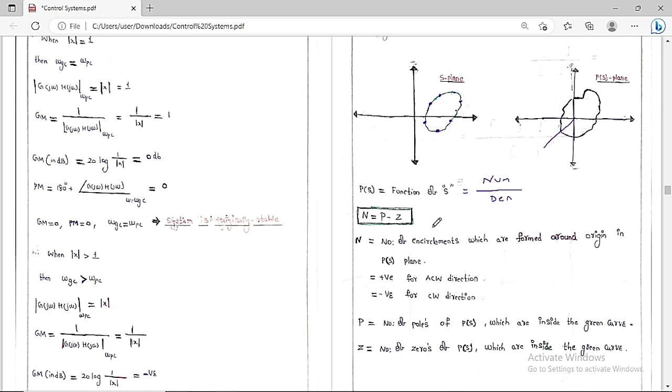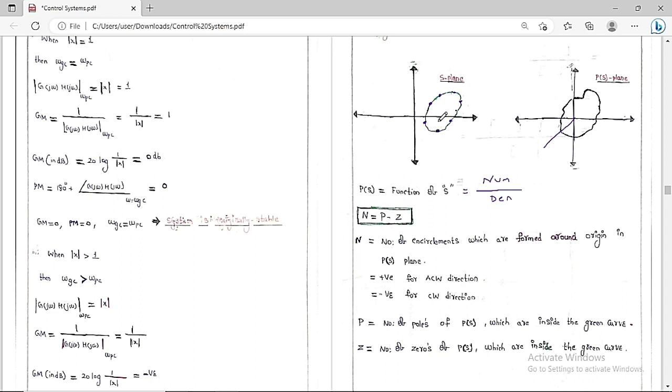Listen carefully. P of S has a numerator as well as a denominator. Numerator roots are called zeros and denominator roots are called poles. Plot all these points in the S plane. Inside this green curve, figure out how many poles and how many zeros of P of S there are.